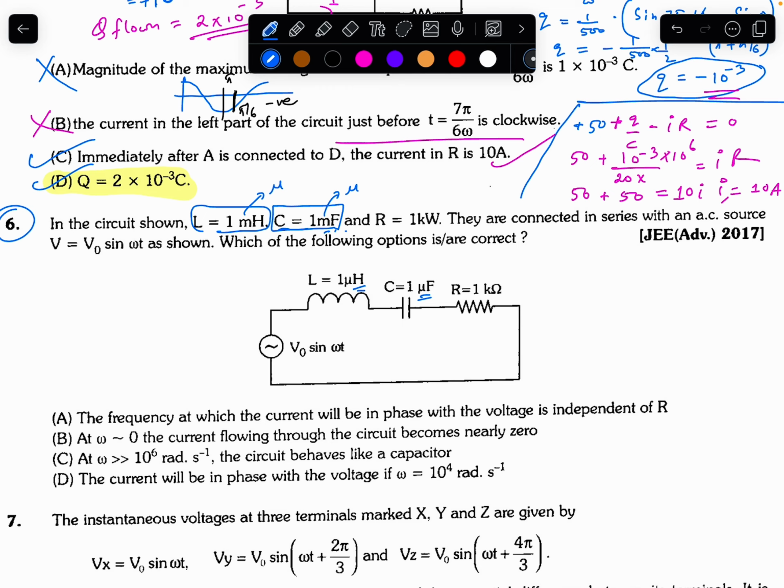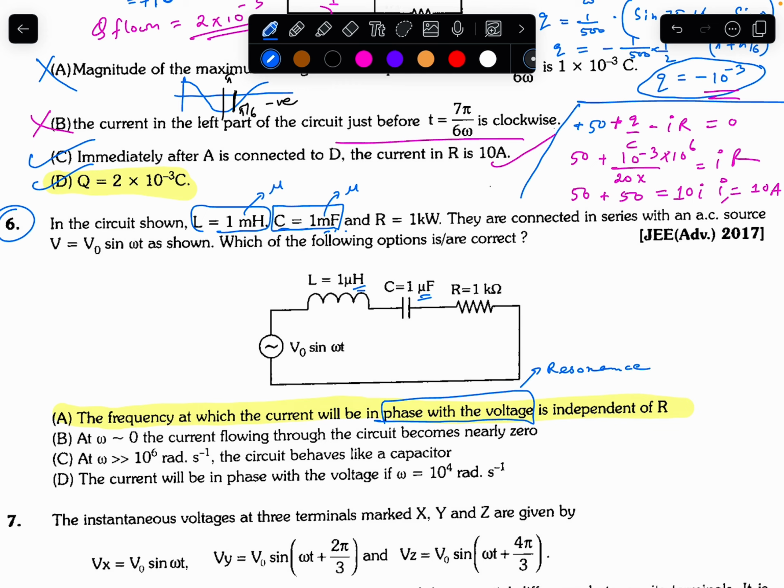Okay. So they are giving angular frequency at which current will be in phase. So first option, angular frequency at which current will be in phase with voltage is independent of R. So when current is in phase with voltage, that means this is the condition for resonance.